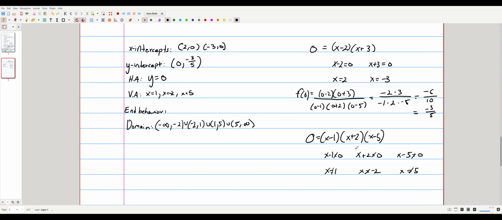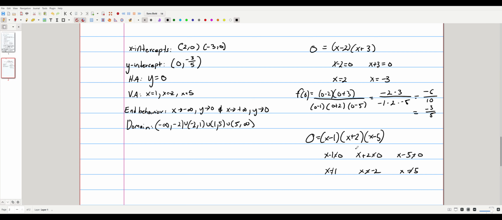And so since we didn't end up in that case, we just know as x approaches negative infinity, y approaches 0, and as x approaches positive infinity, y is also going to approach 0. So that makes it really nice for us.